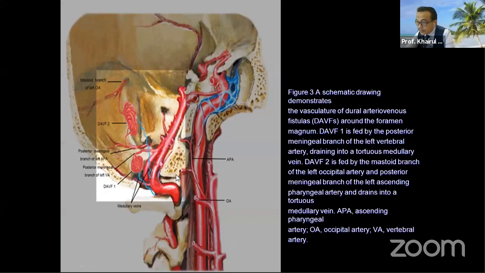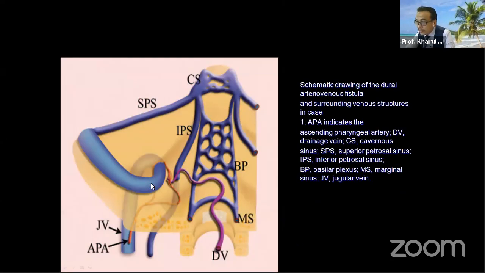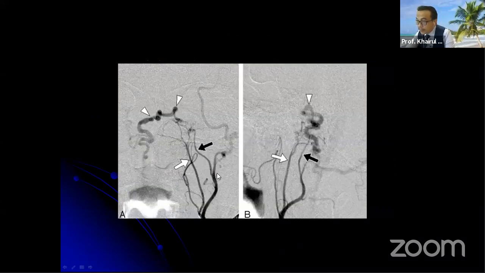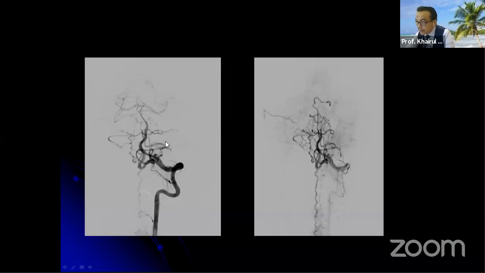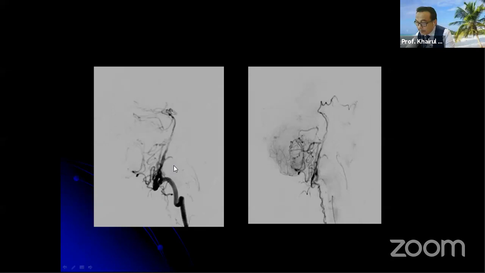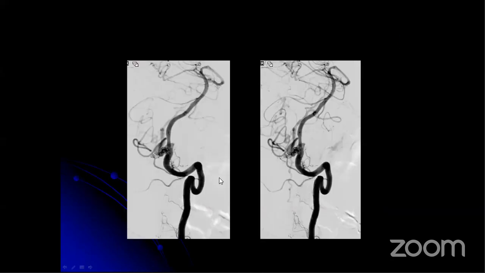This is another case. This is how a dural fistula can happen in this area. Sometimes there is good communication with this ascending pharyngeal. This patient presented with cord myelopathy rather than bleed. You can see this is the fistula. The MRI shows the dilated vein, cerebellum.